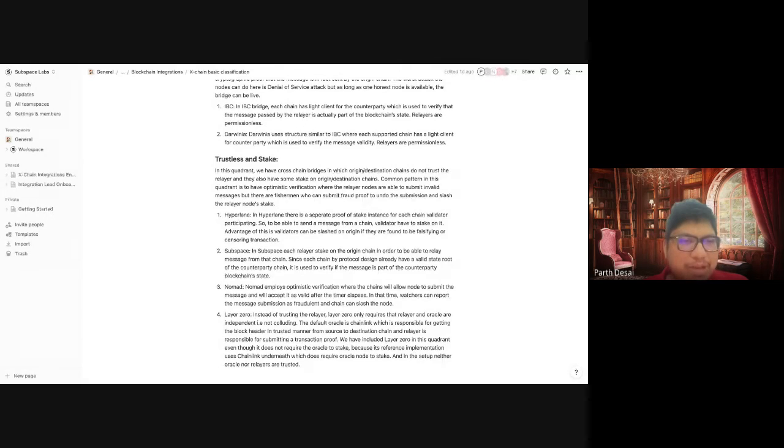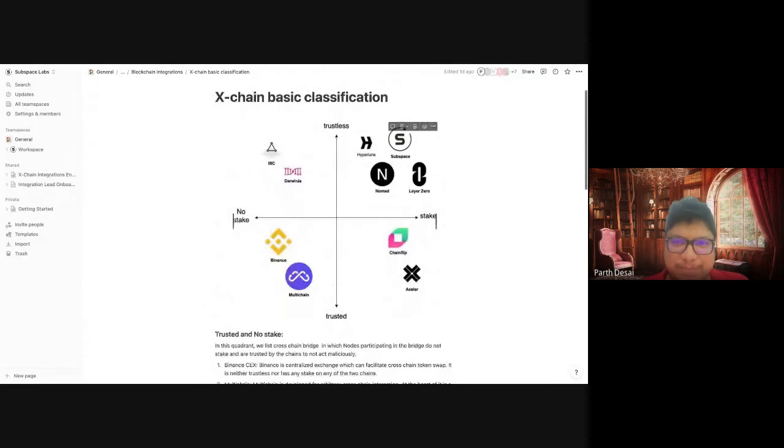Or if both are malicious but they are not colluding, then the probability is very low of having the exact block hash on the relayer's and oracle's end. So if both are malicious but independent, then the block hash won't match, and the message will be rejected. So yeah, this is the one pager.